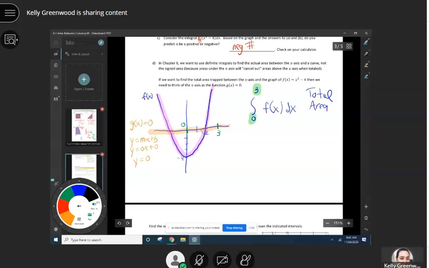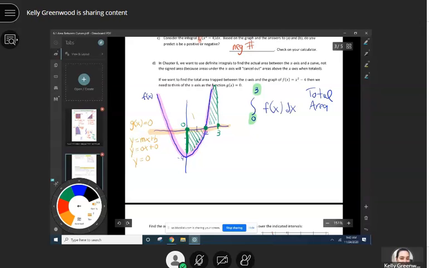So part of that time, my area is going to be below the x-axis between 0 and 2. And then part of the time, it's going to be above the x-axis from 2 to 3. So see how the x-axis and the function are flip-flopping? They're changing places. So I just have to set up two different integrals. I need one where the x-axis is above the parabola, and another where the parabola is above the x-axis.